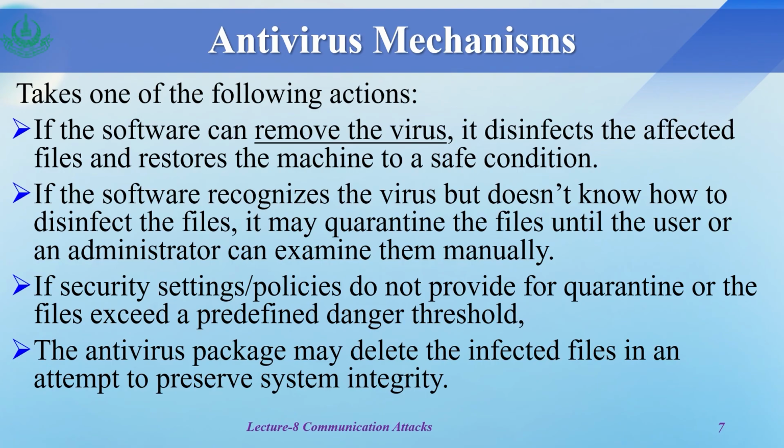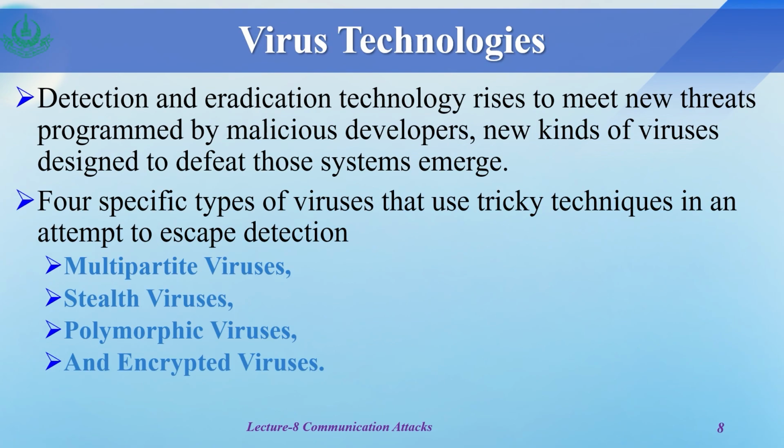If security policies do not provide for quarantine, or the files exceed a predefined danger threshold, the antivirus package may delete the infected file and attempt to preserve system integrity.